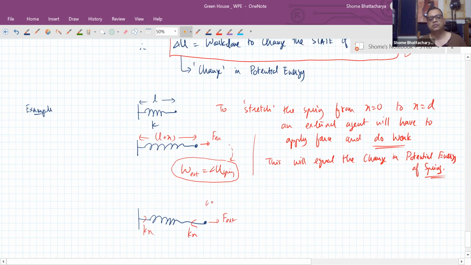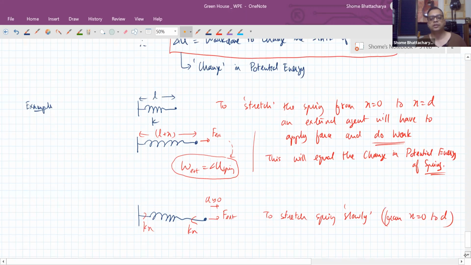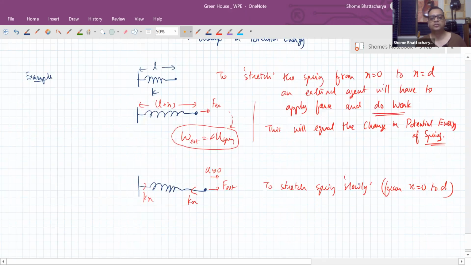Its acceleration is tending to 0 because we are stretching it slowly from x equal to 0 to d. Now, why do we want to stretch it slowly? So that there is no change in kinetic energy involved. Only its state is changing.